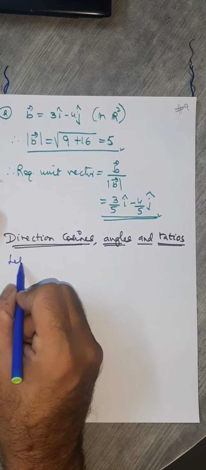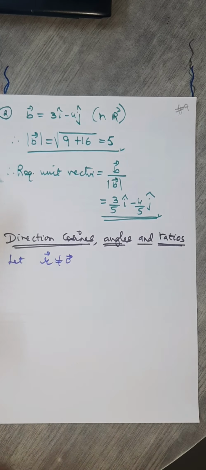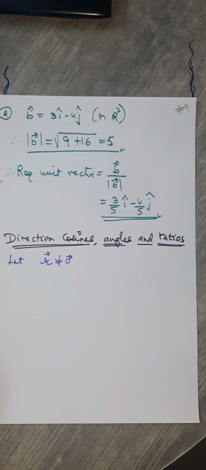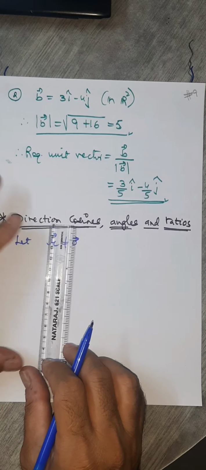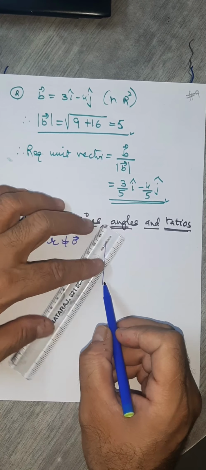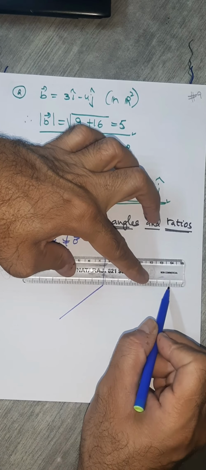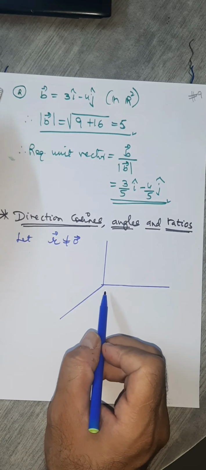I'm taking one vector r which is not a null vector, remember. Here I'll consider three coordinate axes. We are doing this in R3, remember.